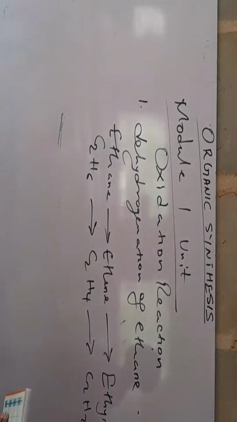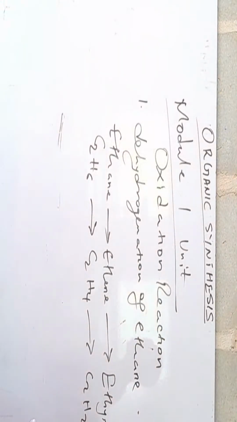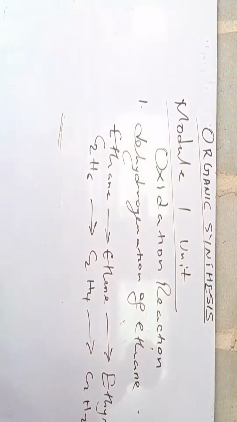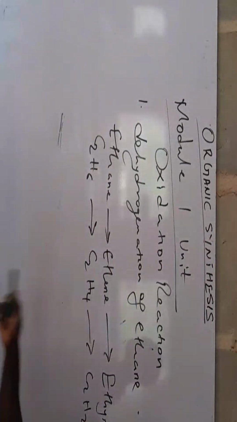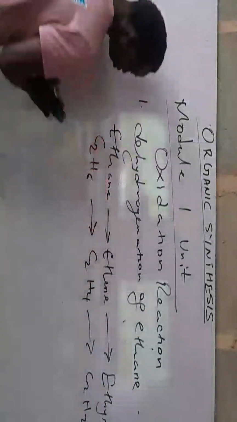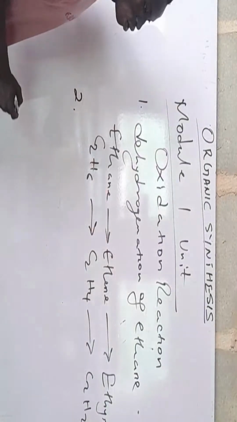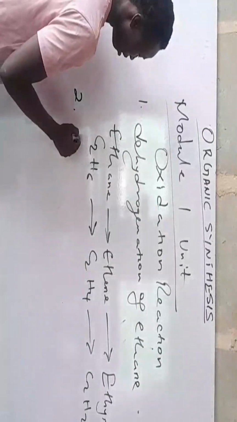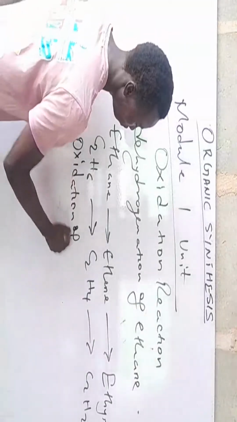Here we go. Number two, where we have the degree of oxidation increasing as methane changes to methanol, from methanol to methanal, from methanal to methanoic acid. So it is not only when you remove hydrogen that oxidation reaction is taking place, but also when you add oxygen. This is the oxidation of methane.